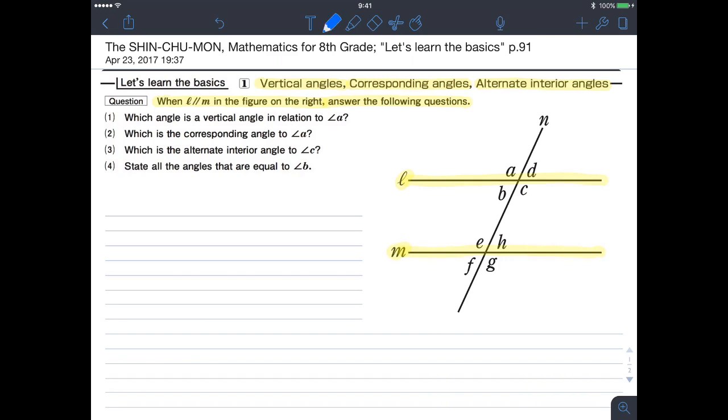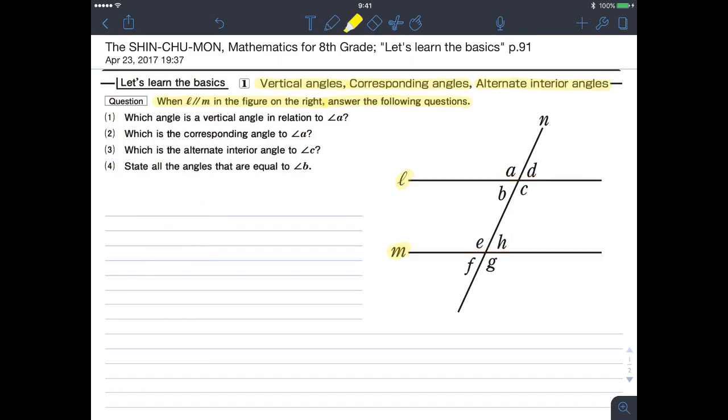Note that we indicate that lines are parallel by using two lines slanting to the right, such as this. Although this symbol is common in Japanese textbooks, foreign textbooks use a different symbol. Foreign textbooks usually use a symbol such as this, two lines that are straight up and down. So please note this difference when looking at foreign textbooks.